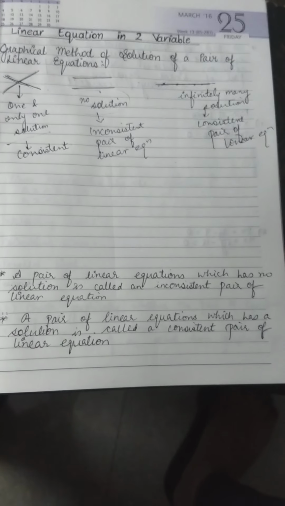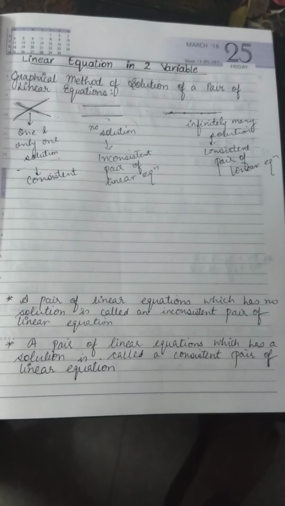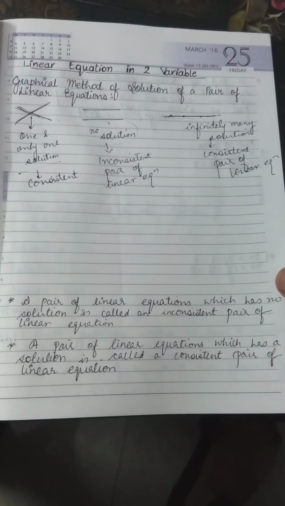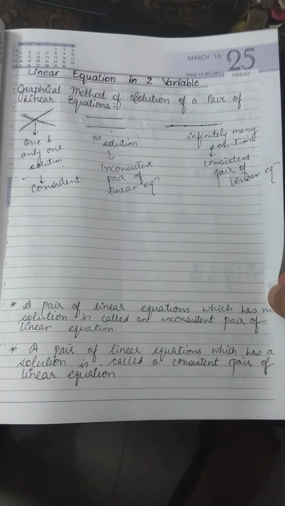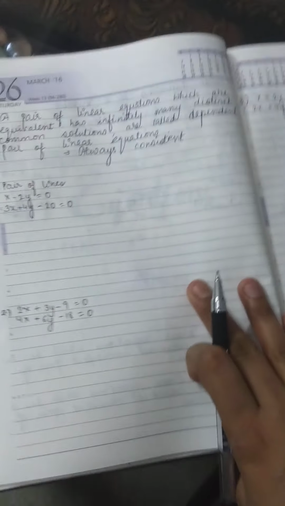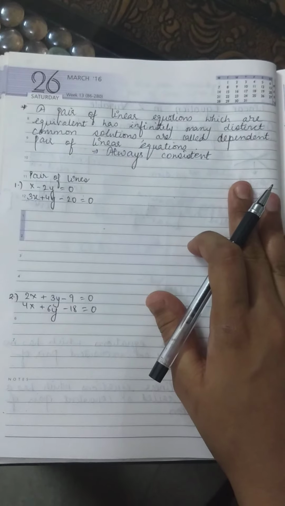We can say a pair of linear equations which has no solution is called inconsistent, and a pair which has a solution is called consistent, whether one solution or infinitely many solutions.